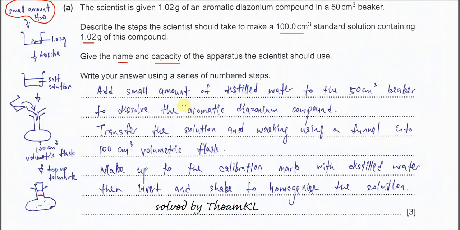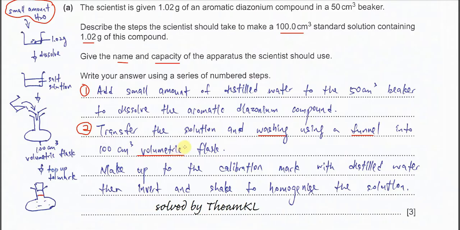This is the full answer for this preparation. First step: add a small amount of distilled water to the 50 cm3 pickle to dissolve the aromatic diazonium compound. Second, transfer the solution and the washing using a funnel into the 100 cm3 volumetric flask.